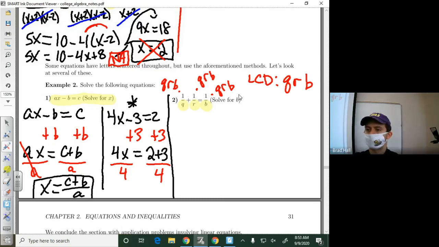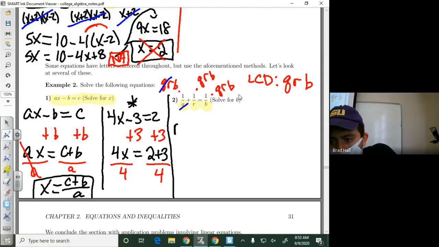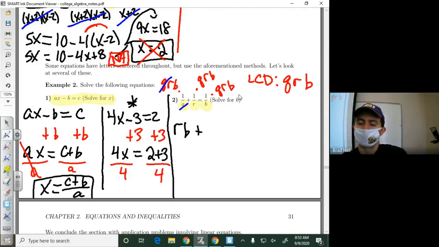So we multiply every term by the least common denominator, and we should expect cancellations to happen so that we do not have a fraction to worry about. The q's cancel over here, so we're left with r times b times 1, which is just r times b.